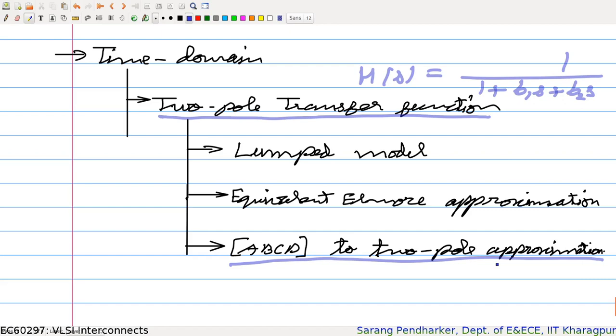In some places they show that there is an improvement in the accuracy, in some papers they show that there is an improvement in the computation time required. So based on the requirements, different models can be selected, but if you have understood till this part, you would be able to understand most of the papers which are talking about RLC interconnects.